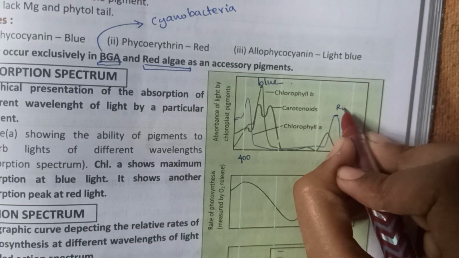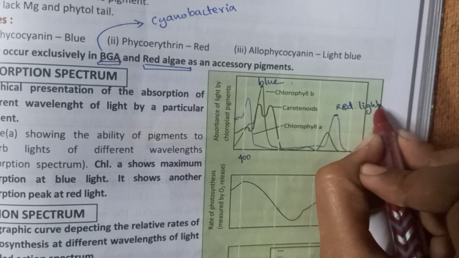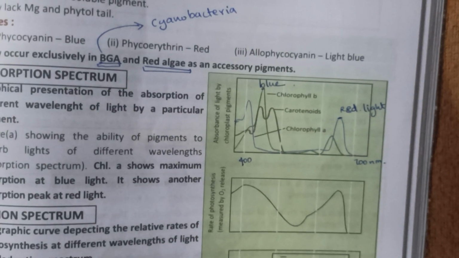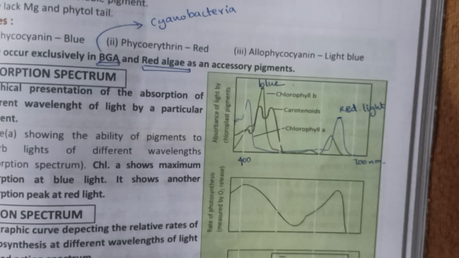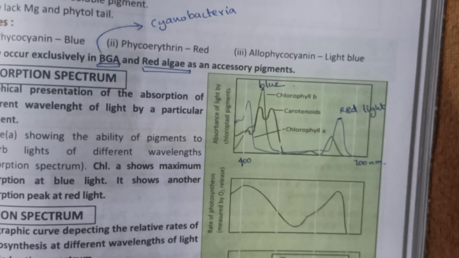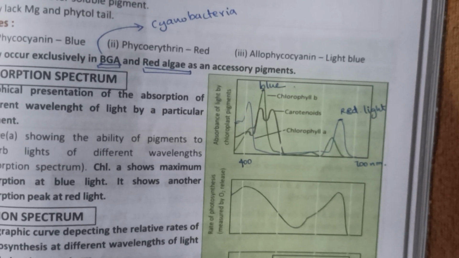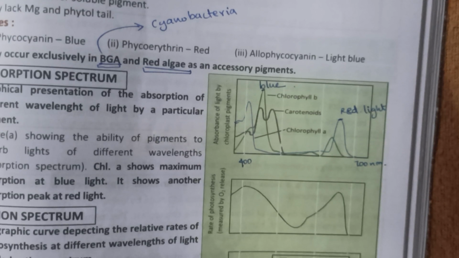So whenever we grow a plant, if we use blue light or red light, then the photosynthesis rate will be high, and the productivity of that plant will be high. We need to use either blue or red light where photosynthesis will be maximum. It means the absorption of light by chlorophyll A is maximum at blue and red light.